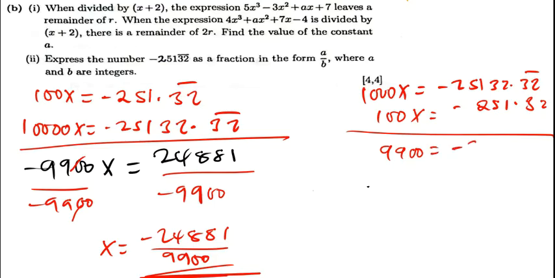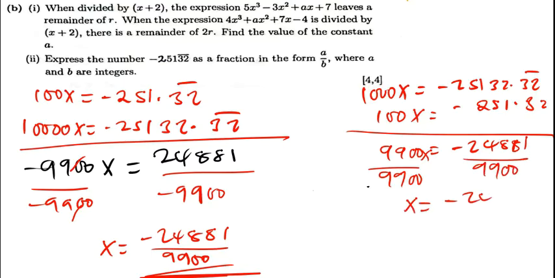Then you have now negative 2481, or it's 881. So here there is x, you divide both sides by that, x being equal to still the same. So you choose which method to go with, but you end up having the same thing actually. So that is it for part B 1 and 2.